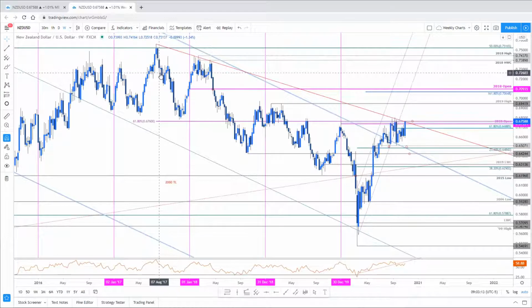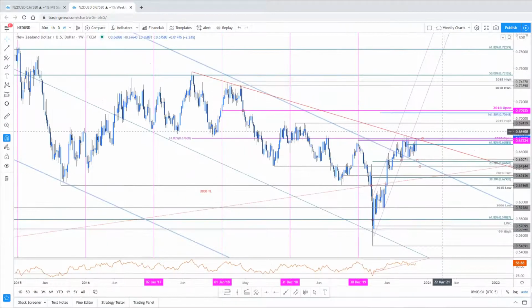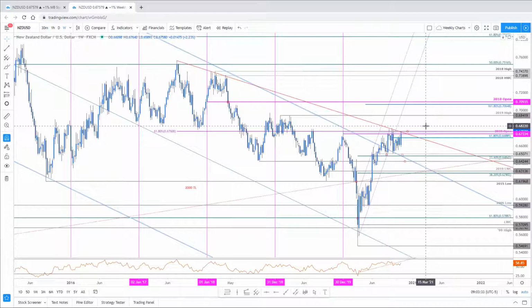Pretty big stuff. One touch, two touch, probe, probe, probe. We're there. What do we need? 67.60 on a weekly close basis. That's what you need to beat. So yet I say again, one more trade at resistance.